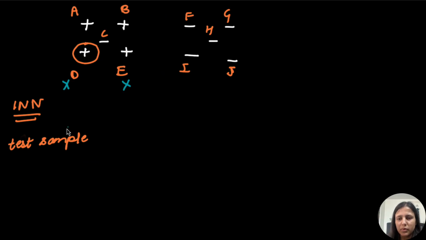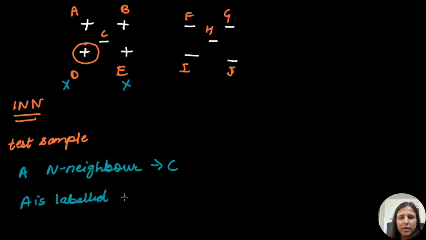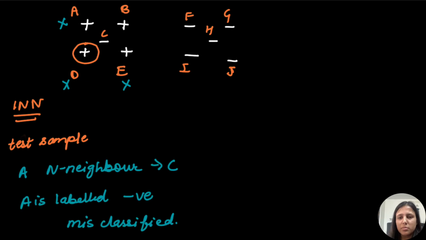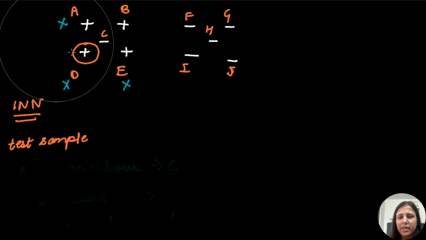Let's do it for A. Again with the same logic, the nearest neighbor will be C. So A is labeled negative, which is incorrect, so misclassified. Now we know D, E and A are misclassified.